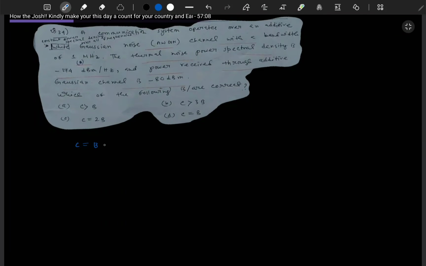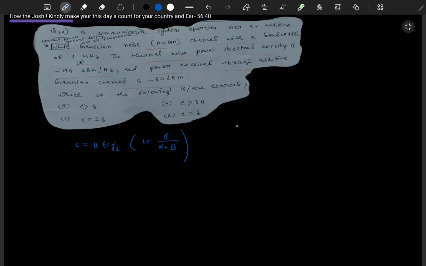C equal to B log 1 plus P by N naught B. This is the channel capacity formula.